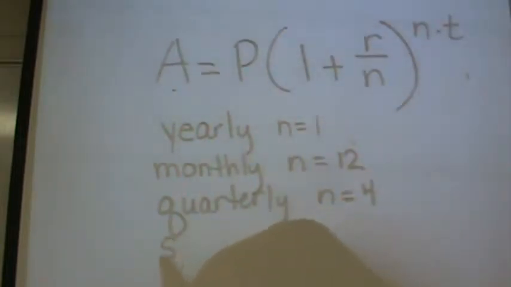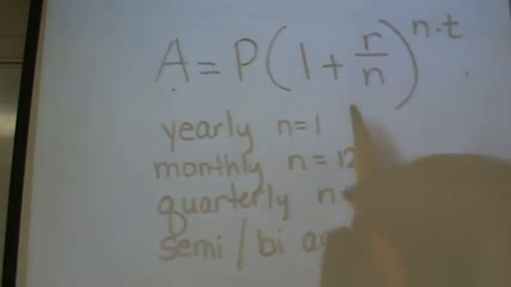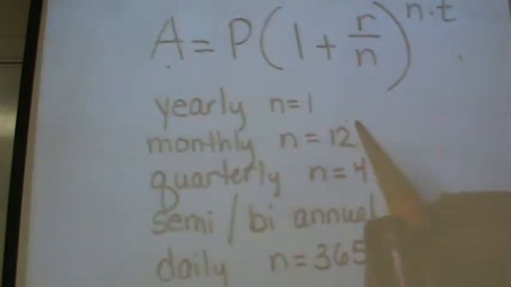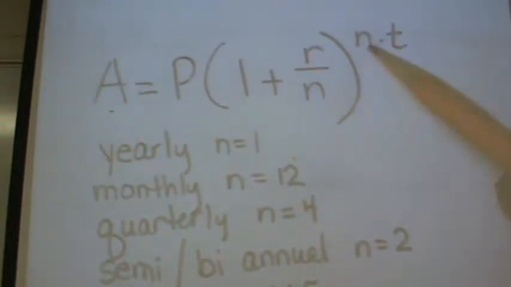What if it says semi or biannual? N would be 2. What if it said daily? 365. Monthly, quarterly, semi-annually, daily? That's good. So you are going to read the problem, and whatever it says, that's going to be the N value.